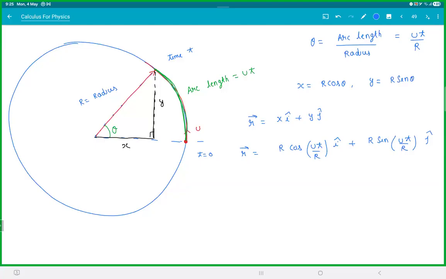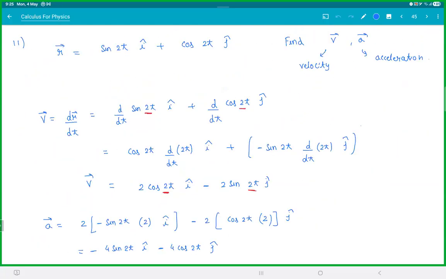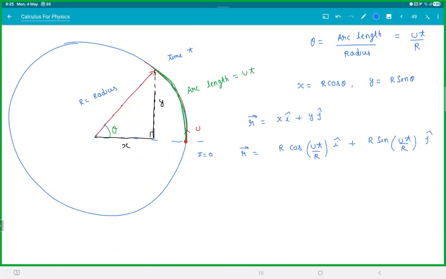Now, how to get velocity? Differentiate it. You want acceleration? Differentiate it 2 times. Can you get that? Try. I'll give you a minute more. Now it is just a matter of differentiation. If you look at this question, this thing looks exactly like this one, sine 2t and cos 2t. Here it is all just variables.